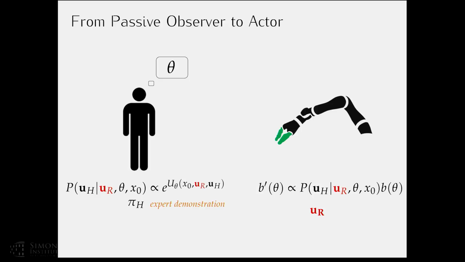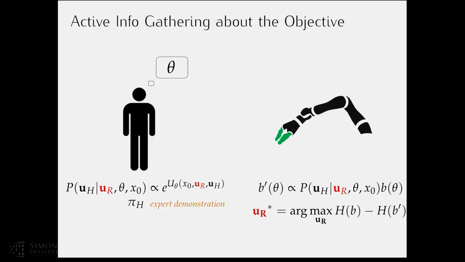Then all of a sudden what the person does also depends explicitly on what the robot decides to do, and that changes the observation model that the robot has, and now we have an opportunity to do something that I think happens a lot in this community, which is to actively learn, right? To actually gather information.